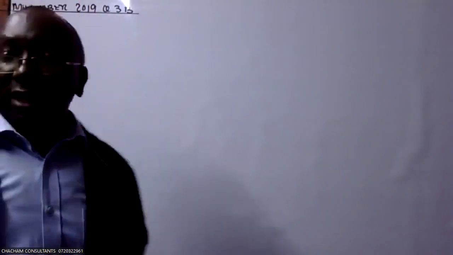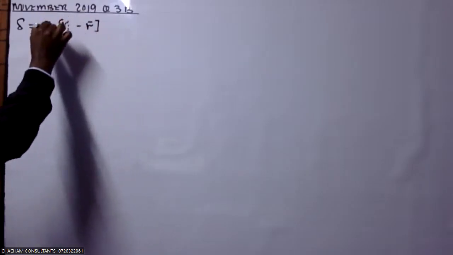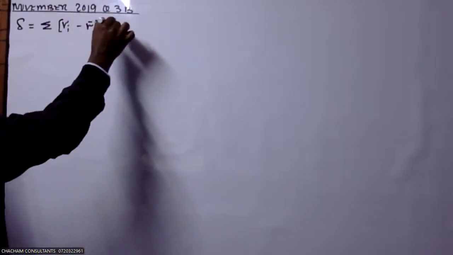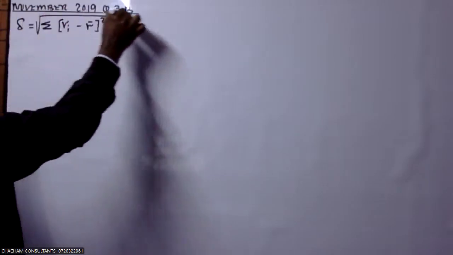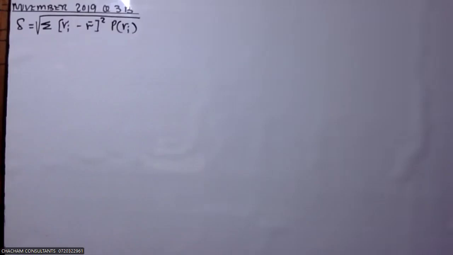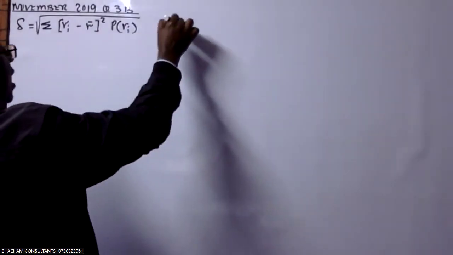The first thing, they want us to get standard deviation. So you write the formula. Now, standard deviation is given as the square root of the sum of Ri minus R bar, squared, multiplied by the probability of Ri. That means for you to get the standard deviation, you must also get R bar.